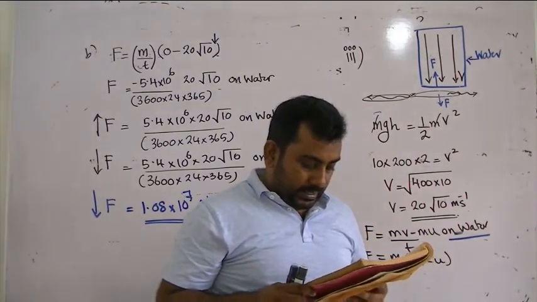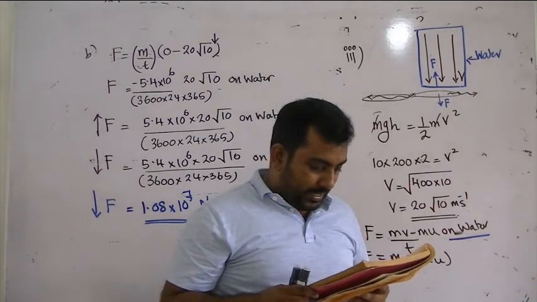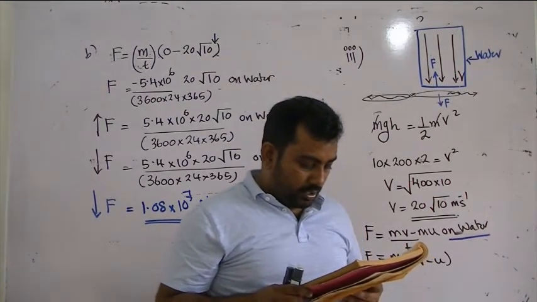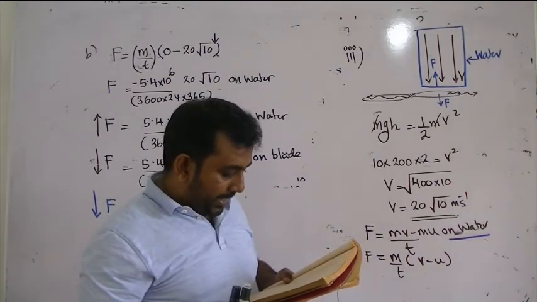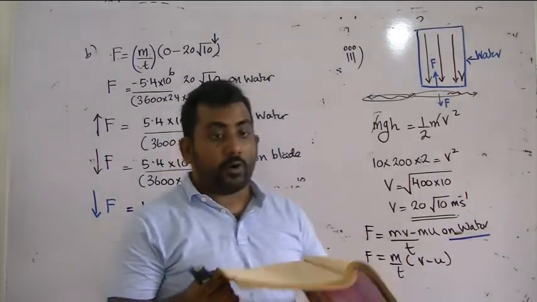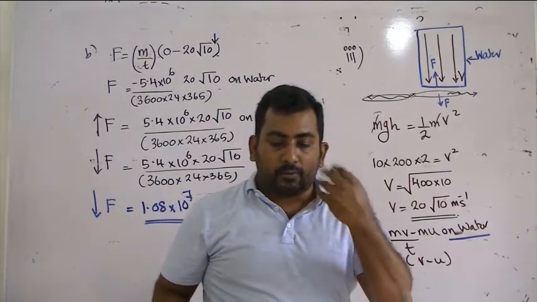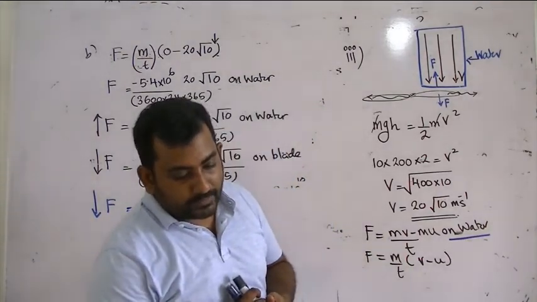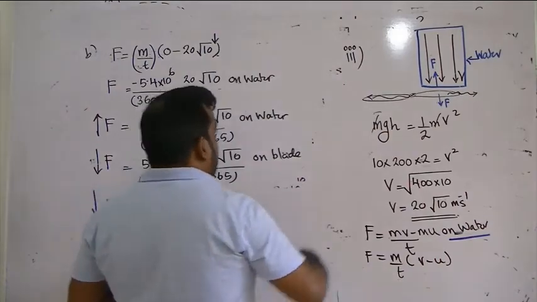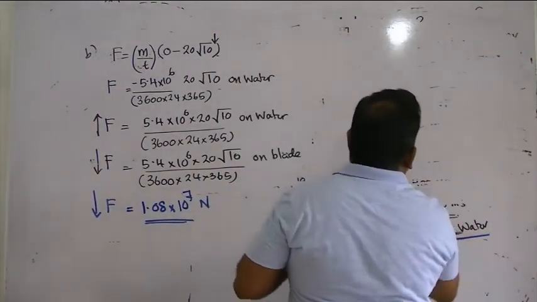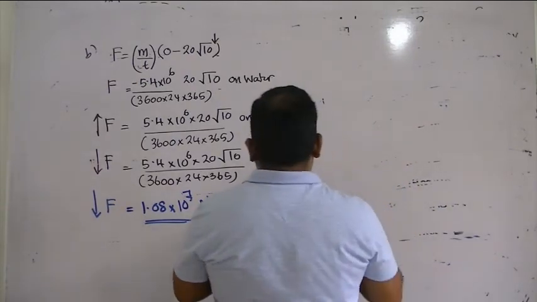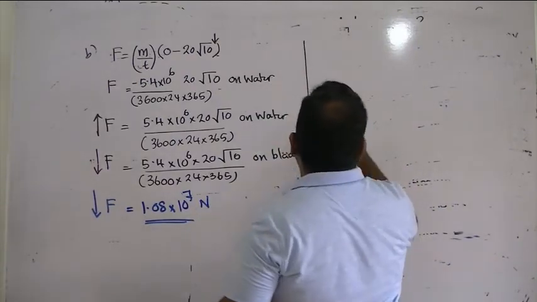Right. Calculate the mass of coal needed per year to generate the extra amount of electrical energy. Assume that coal power stations operate at an overall efficiency of 40%. That means only 40% output is there. So what's the additional energy required per year?